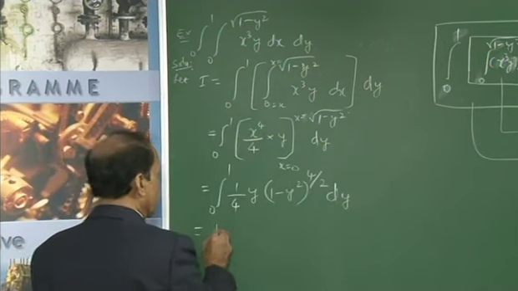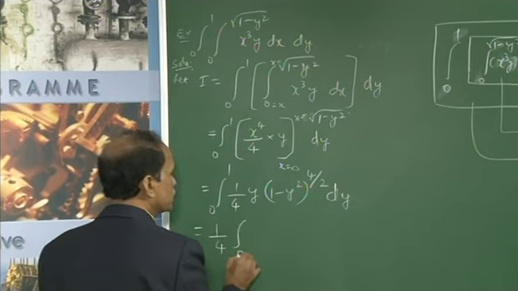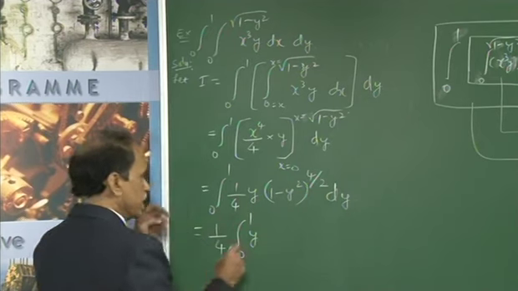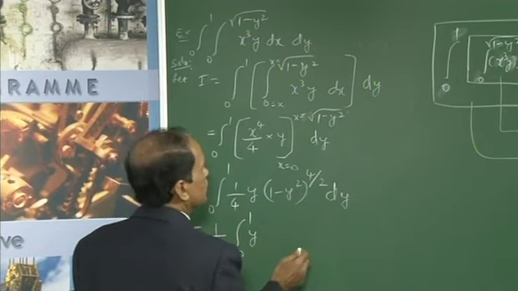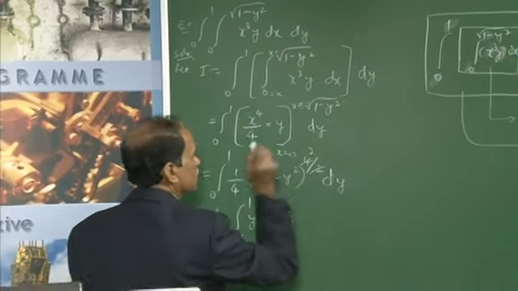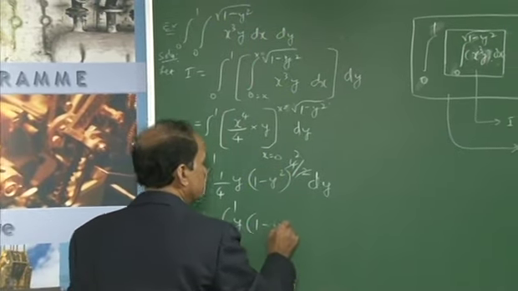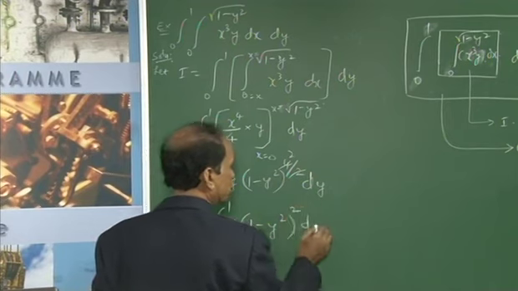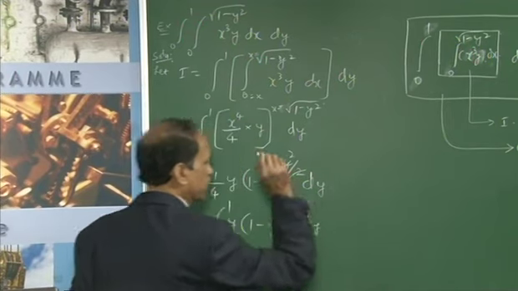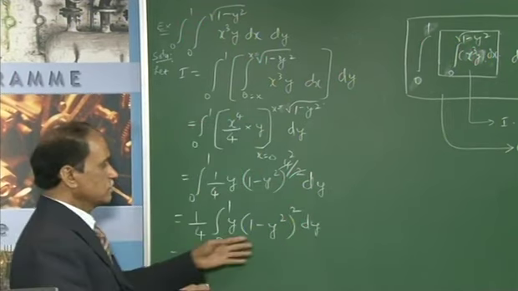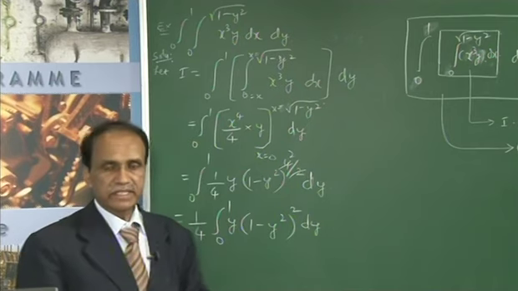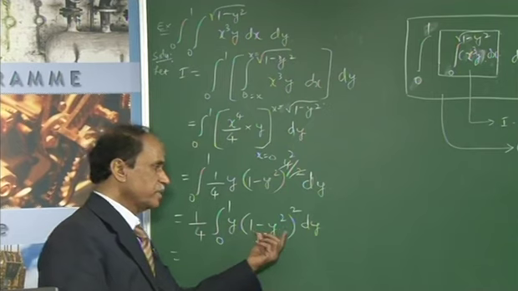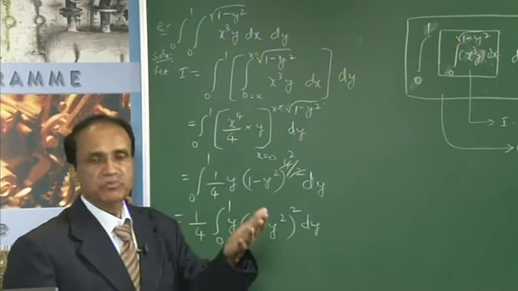Then 1 by 4 integration 0 to 1, this is y, and here 2 cancels, that is whole square: 1 minus y square whole square with respect to dy. You have to do the integration with the ordinary method. Ordinary method means take y inside and expand it, and each term you must integrate.